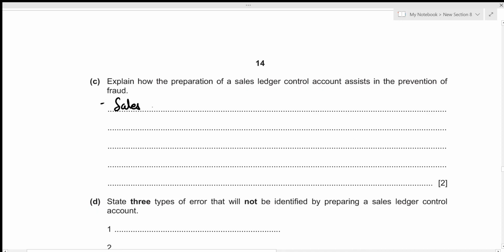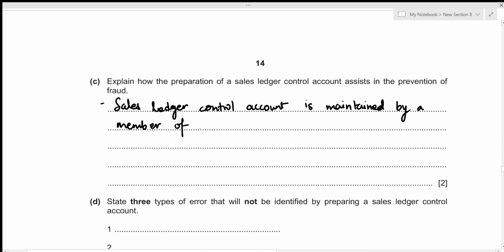Sales ledger control account is maintained by a member of staff who is not responsible for the particular ledger.